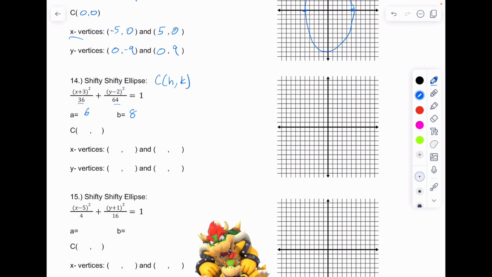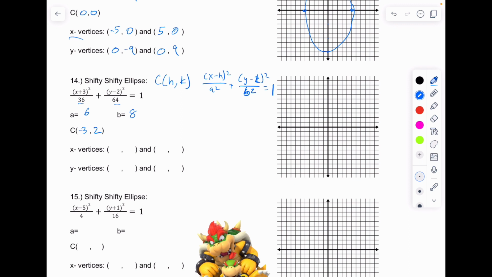Given that our formula is x minus h squared over a squared plus y minus k squared over b squared equals 1, our h is going to be negative 3, and our k is going to be 2.